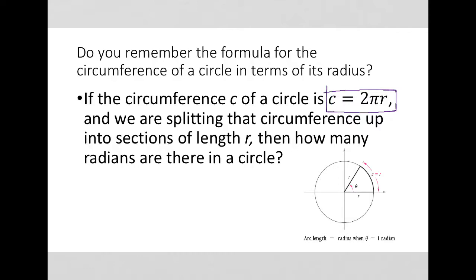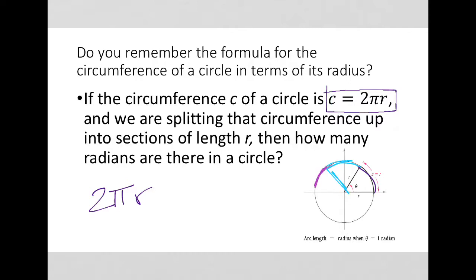So, we want to know then how many radians are in a complete revolution. Well, think about what we know. We're taking the circumference of this circle, C equals 2 pi r. We're taking this circumference right there, and we're splitting it up into sections of essentially radii lengths along the circumference.